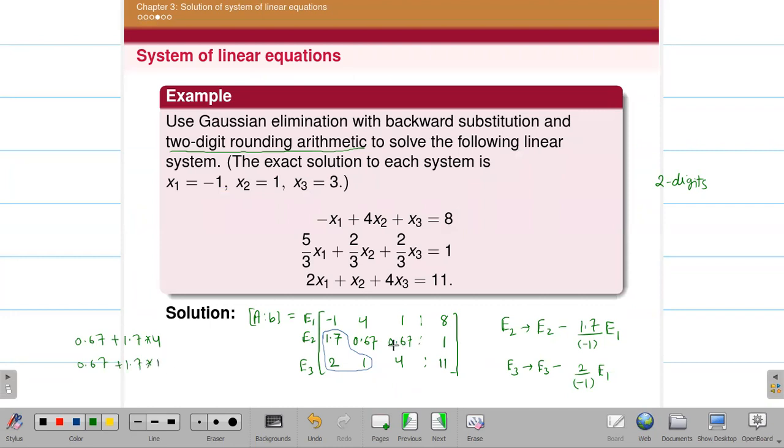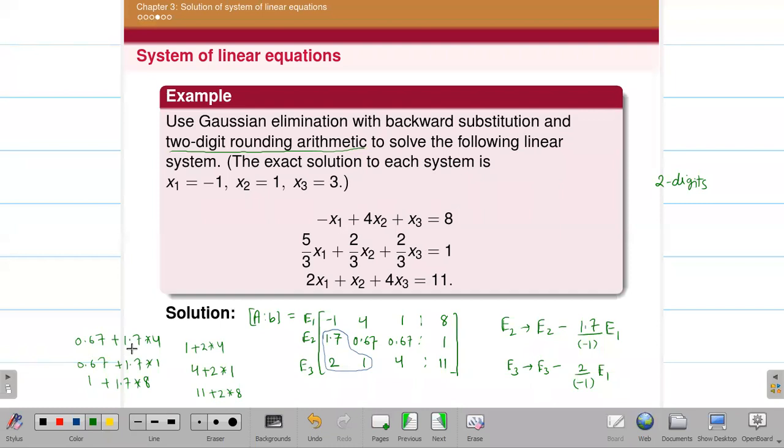Apply the operation on the last elements also: 1 minus 1, plus 1.7 into 8. That will be your second row. In the third row, 1 plus 2 into 4, 4 plus 2 into 1, and 11 plus 2 into 8. Those will be your entries.